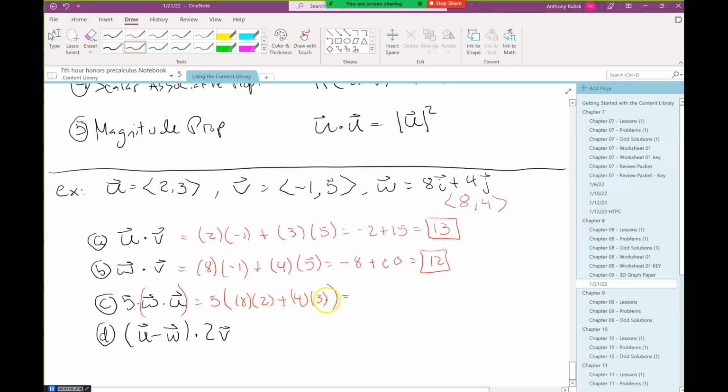So 16 plus 12 is 28. And then 5 times 28 is 140. So far, so good.